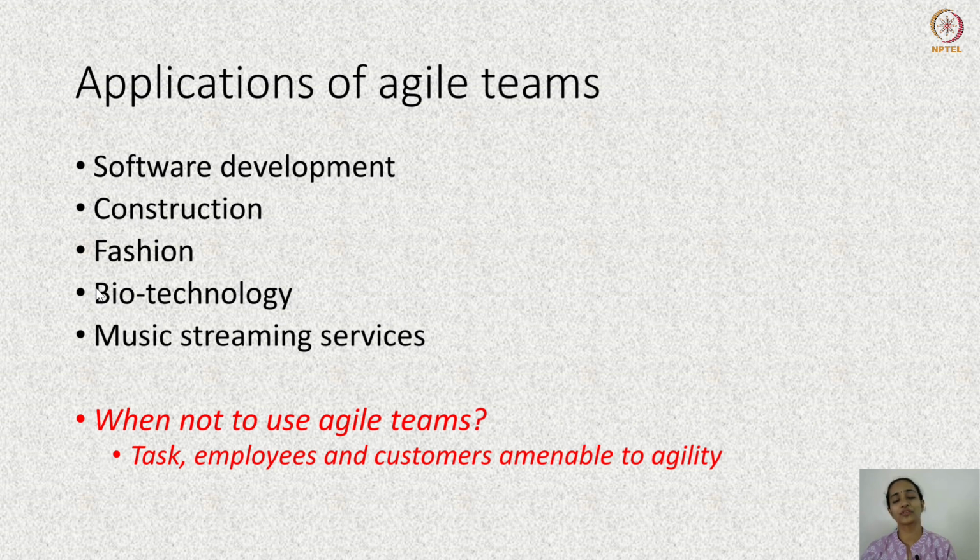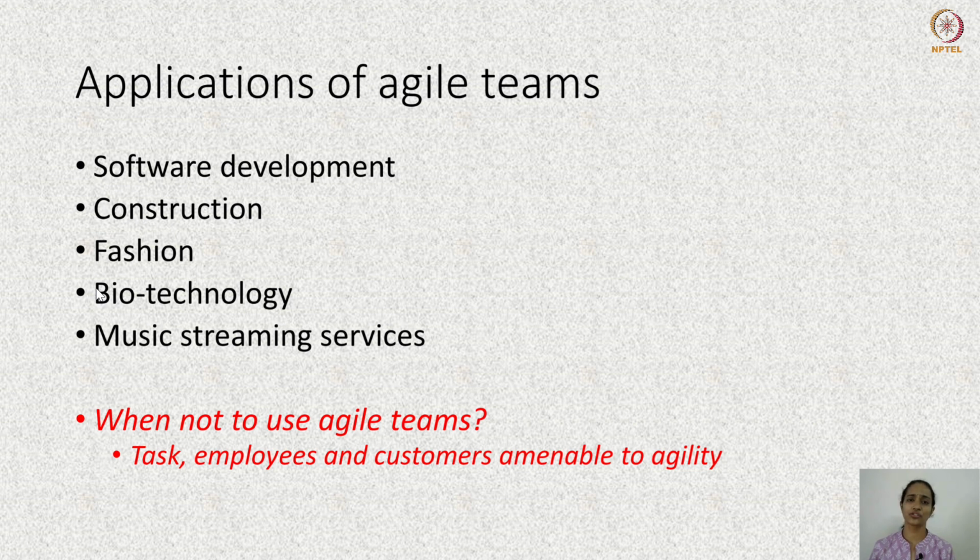While Agile was primarily prescribed for software development, and some other methodologies which are very similar to Agile were used in manufacturing systems, today we find that Agile has a lot of application across different industries. It finds an application in construction, fashion, biotechnology, and even music streaming services.